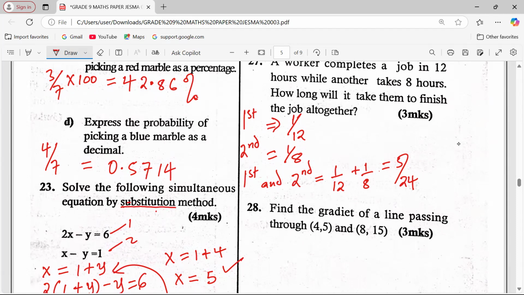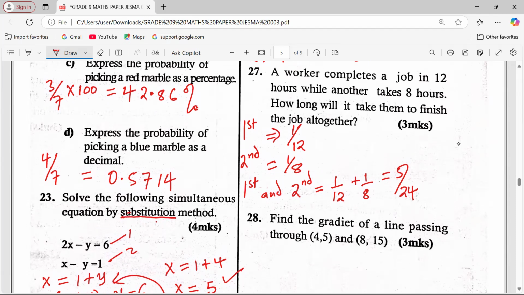Therefore, the two people working together, the first one at a 12th, the second one at an 8th, together do 5 out of 24 of the work. So 5 proportions of this work require 1 hour by these two people.